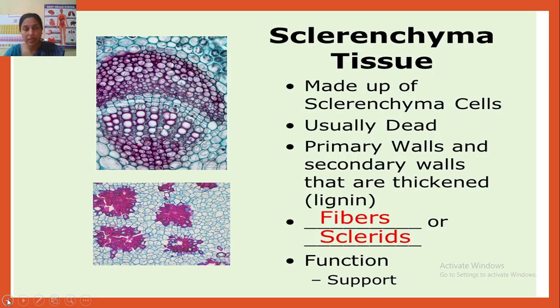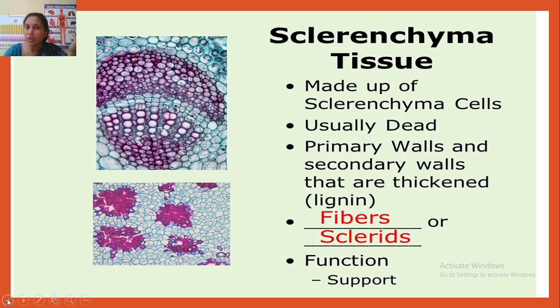On the other hand, the sclereids are found basically in the endocarp of coconut. And also, you know that there is a very hard seed coat on coffee and dates. So there also the sclereids are found.